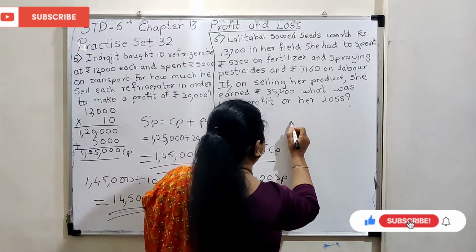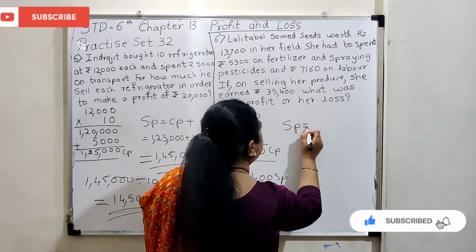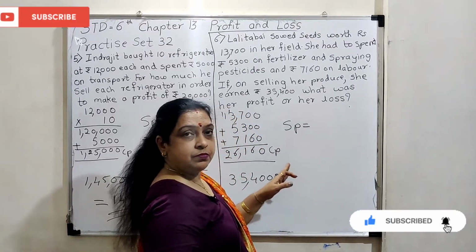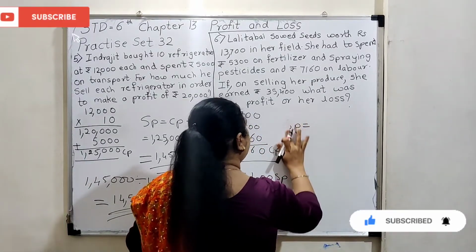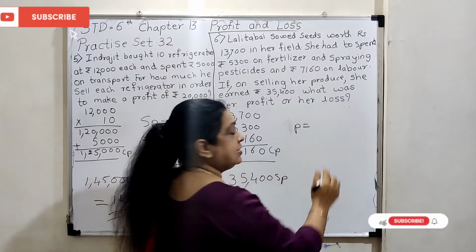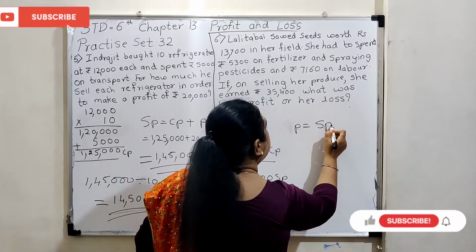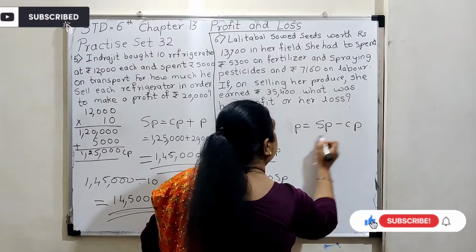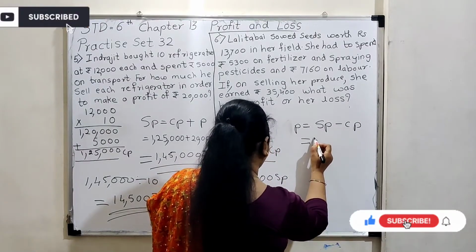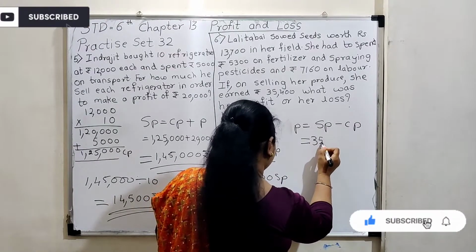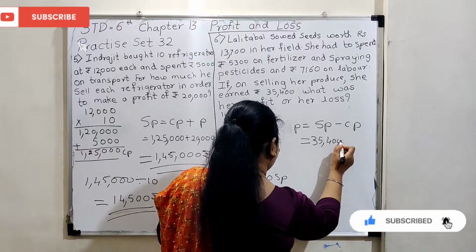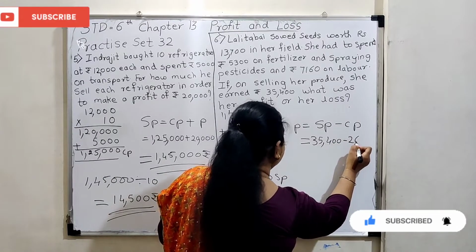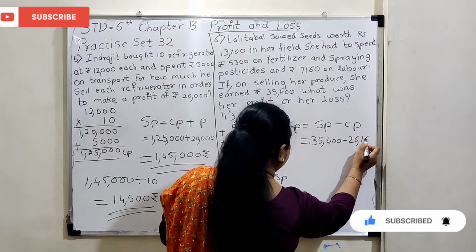That means she made a profit. So you can write profit is equal to SP minus CP. So SP is how much? 35,400 minus 26,160.